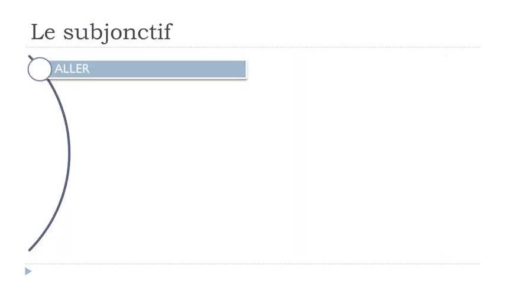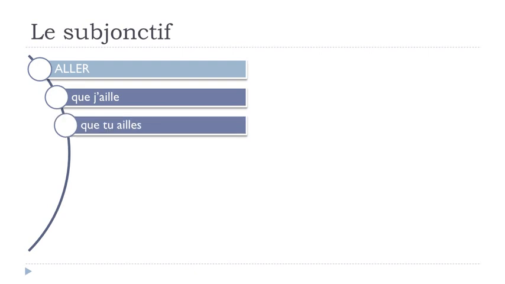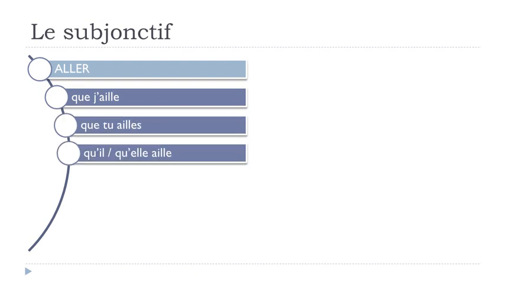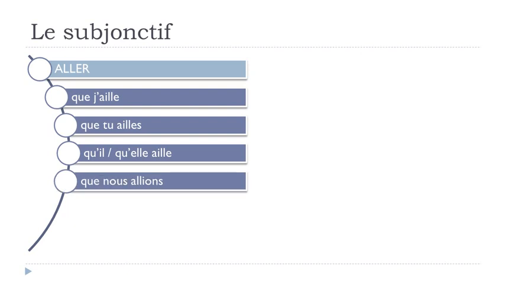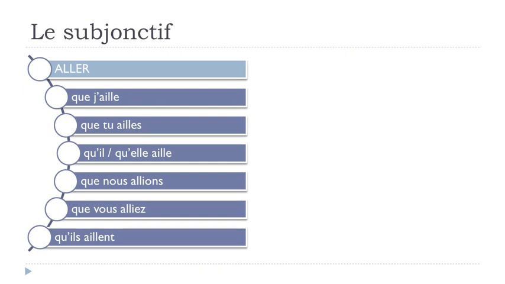Of course, we've got some more tricky verbs, and aller is usually one of them. Aller means to go. Have a look: que j'aille, que tu ailles, qu'il aille, qu'elle aille, que nous allions, que vous alliez, qu'ils aillent, qu'elles aillent. Listen to me: aille.